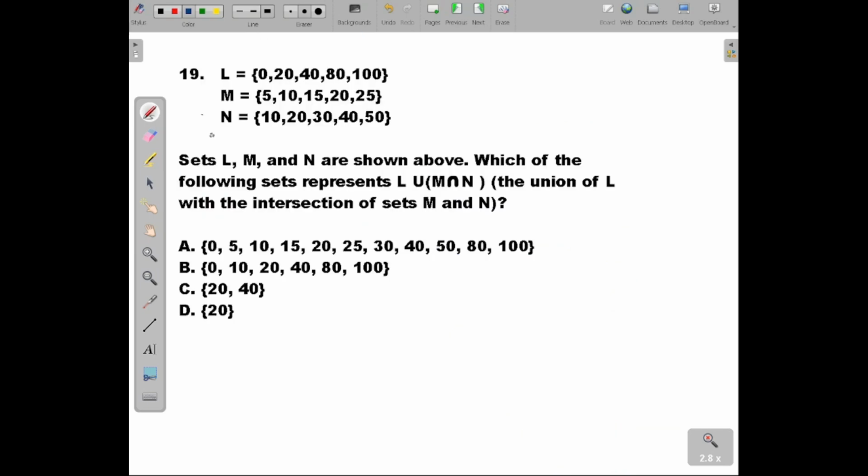Number 19. We have three sets, L, M, and N, shown above. Which of the following sets represents L union the intersection of M and N?